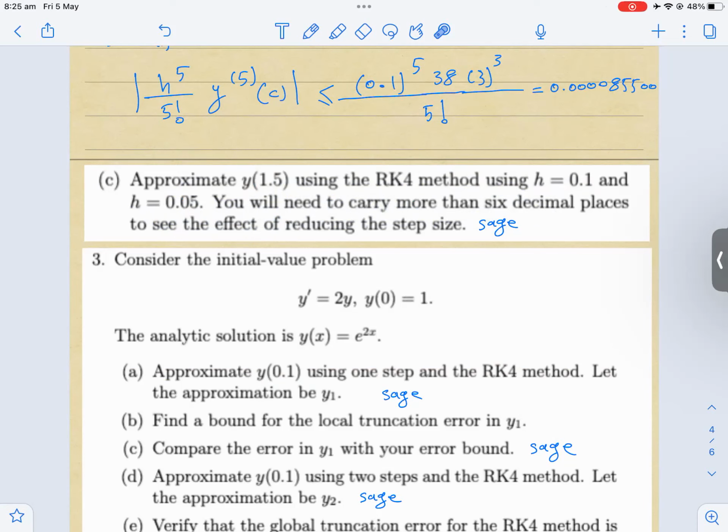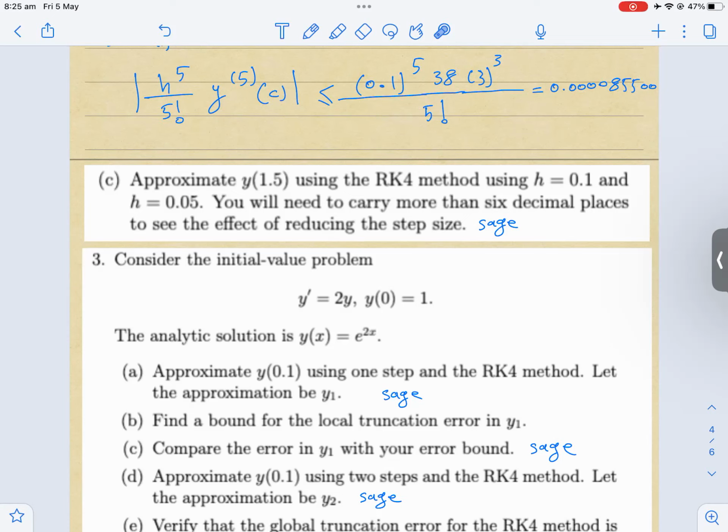In some programming languages, like MATLAB or Maple, you can find built-in Runge-Kutta commands, so you can use them. But for your assignment, you have to implement it. You are not allowed to use built-in functions, whether for the ODE method or for Heun's method.